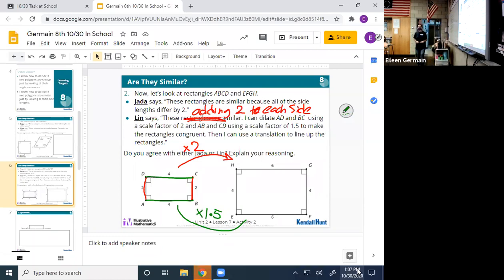So she's saying, so it's just the scale factor. She's saying dilate these blue side lengths times 2, and then dilate the top side lengths by 1.5 to get it there. Do we agree with either Jada or Lynn?